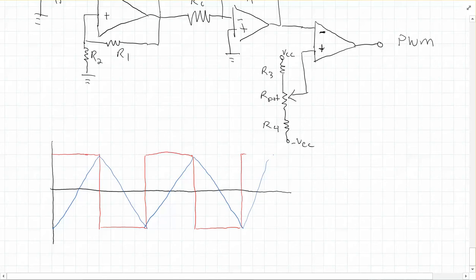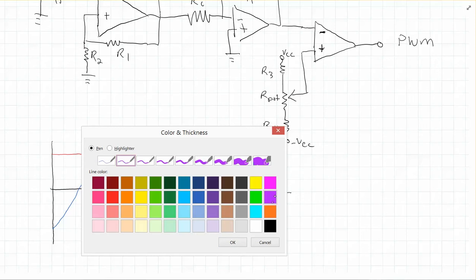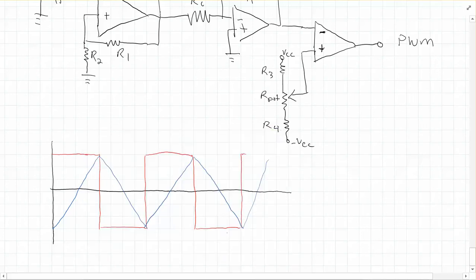And then, I'm running out of colors here. Let's do purple. Basically I'm going to set the positive on that third stage, for instance, right here.